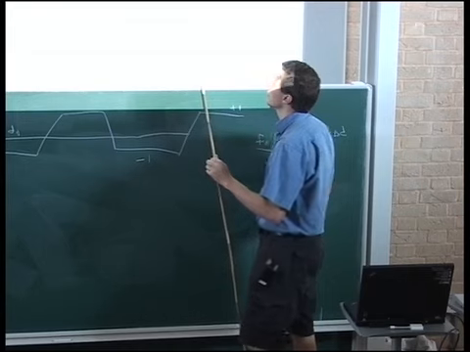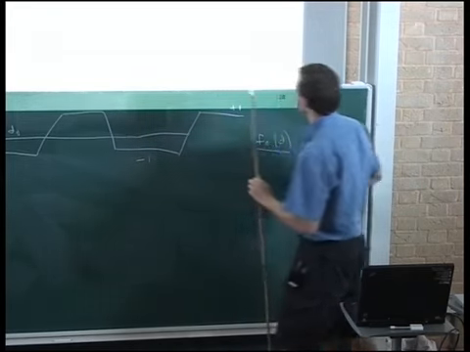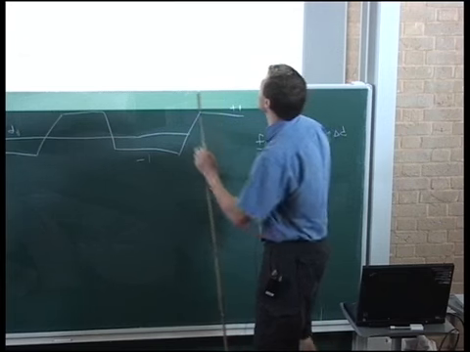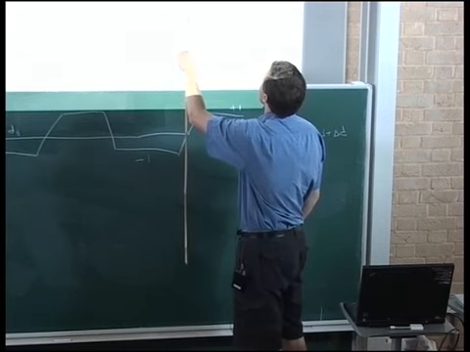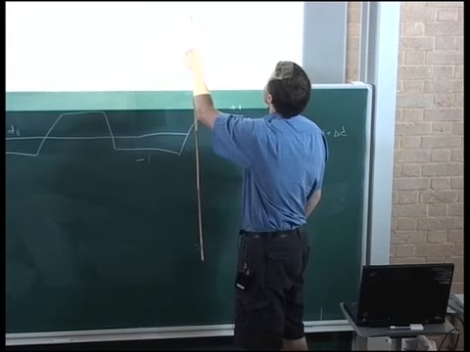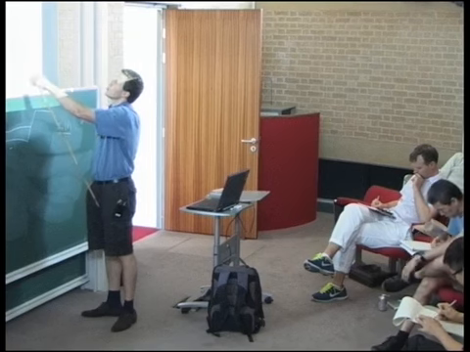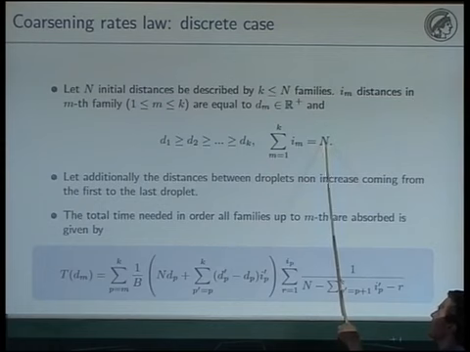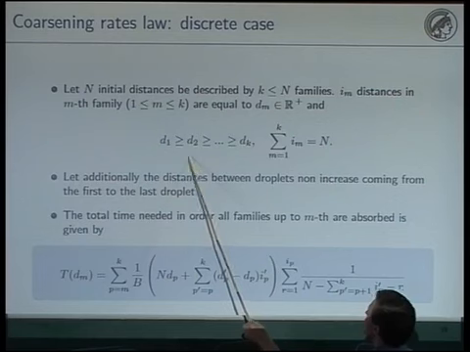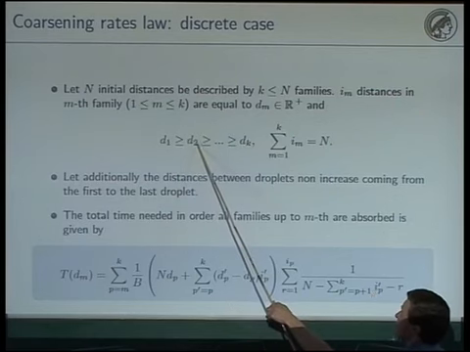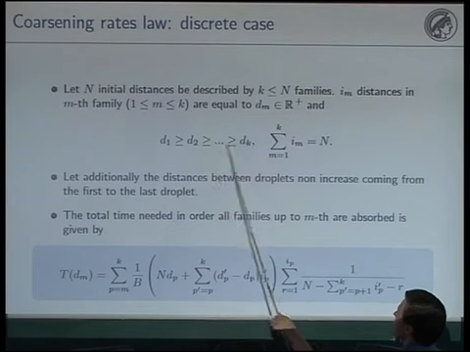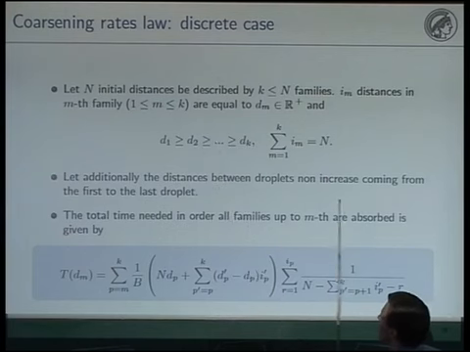In this case, you can approximate this density by taking some families, k families, such that there are, say, e_m droplets which have distance d_m, and so the sum of all droplets as before is equal to big N.